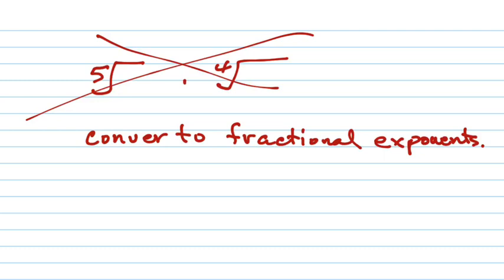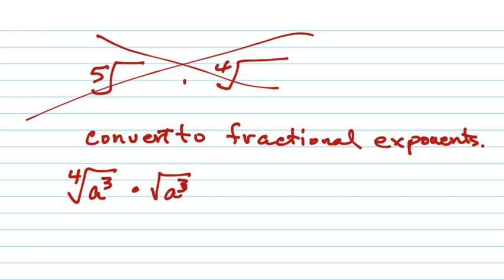You can simplify them if you use fractional exponents. So the fourth root of a to the third times the square root of a to the third can't be done in the format they are in.